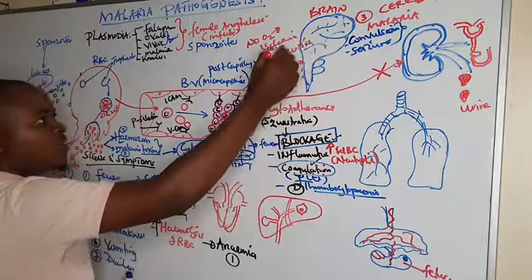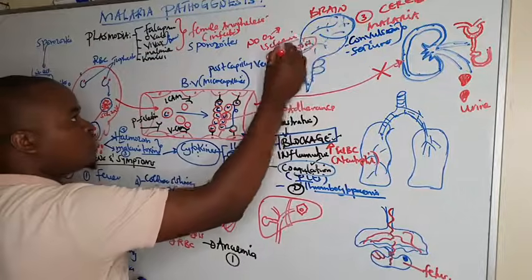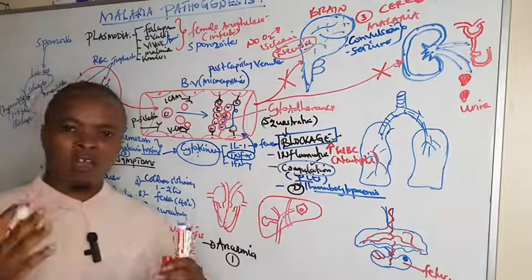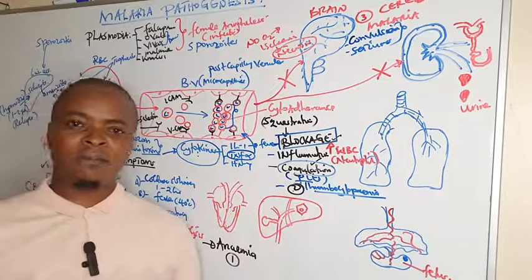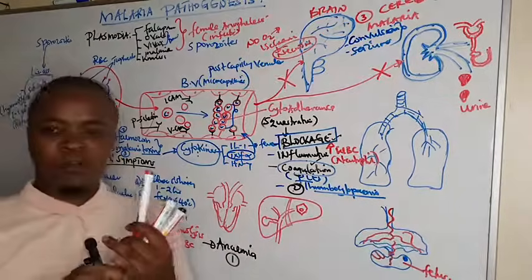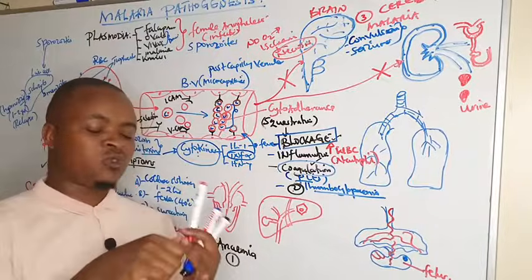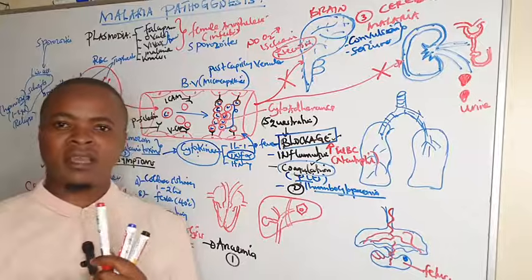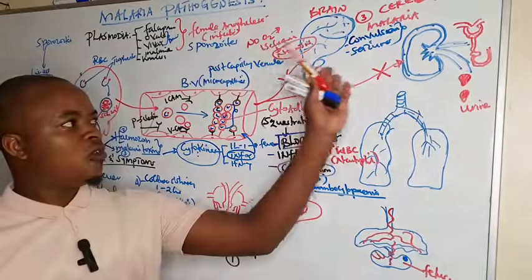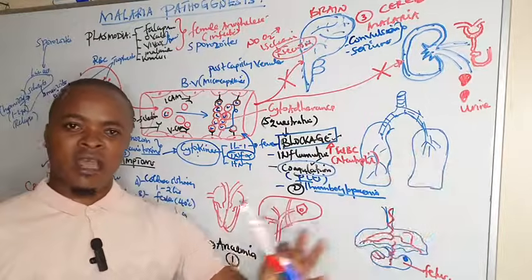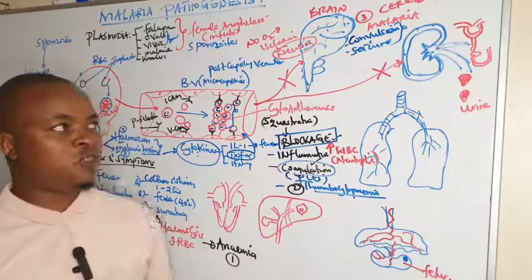So we are seeing all these organs undergoing acute necrosis due to lack of oxygen supply and blood supply. Hypoxia, that is when the blood is not reaching, leads to ischemia. Then ischemia leads to organ necrosis and, in the long run, death or damage.